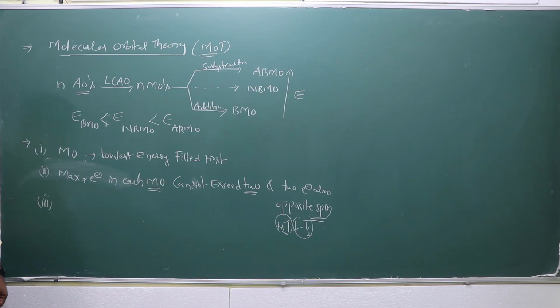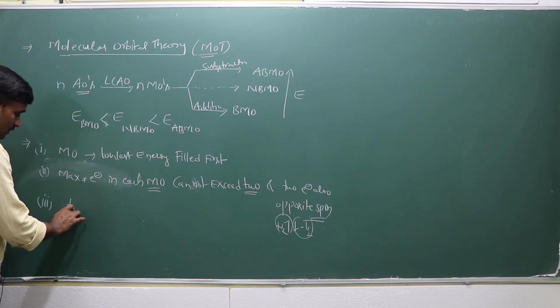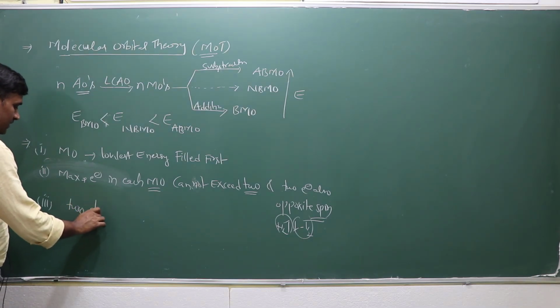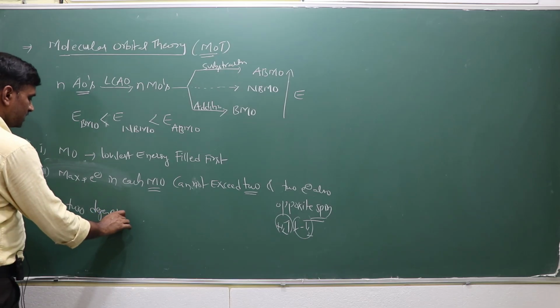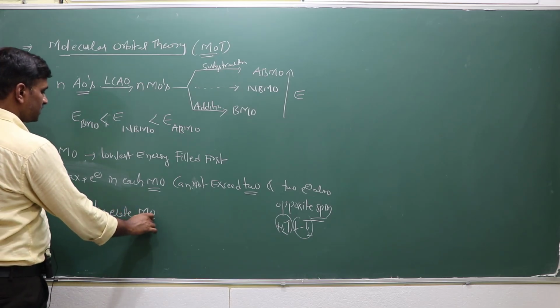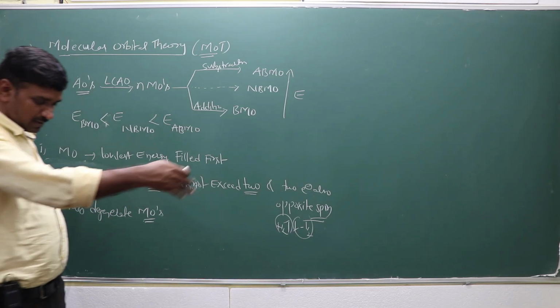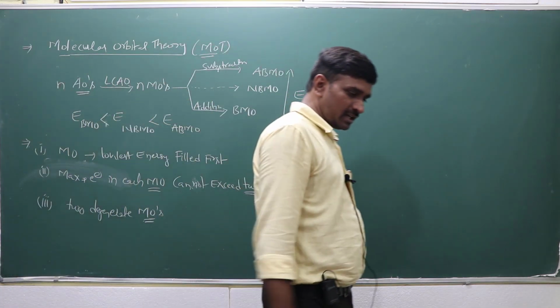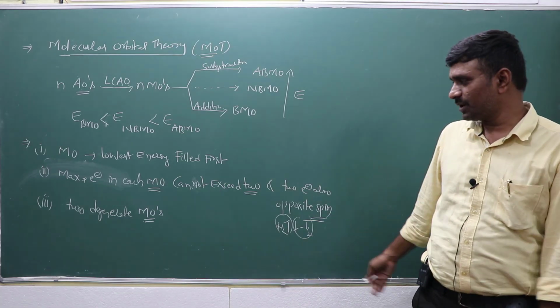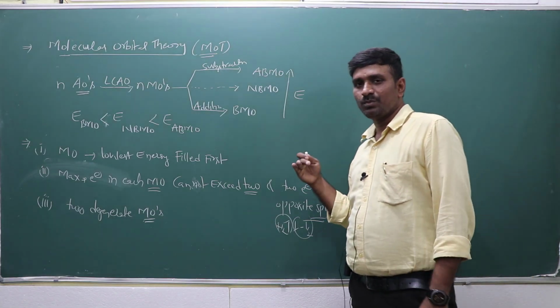And the third one, according to molecular orbital theory, based on the filling of electrons: if there are 2 degenerate molecular orbitals, meaning their energy is the same. Suppose in homodiatomic molecules, we have pi 2px and pi 2py.